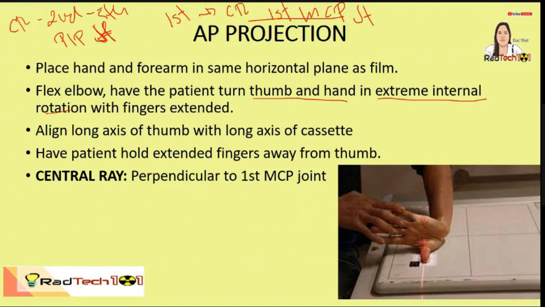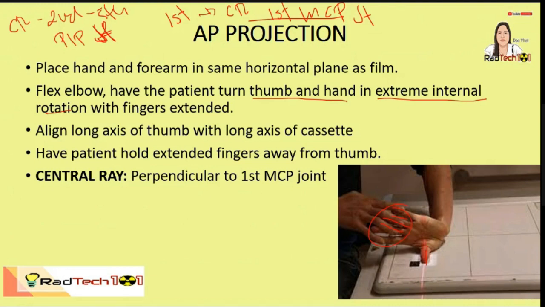So, as you can see, ito siya. So, have the patient turn thumb, naka-extreme hanggang sa makaya ng patient. Extreme internal rotation with fingers extended. Ito, naka-extend siya. So, long axis of the thumb to the long axis of the cassette. So, tell the patient to hold the other fingers para hindi siya mag-superimpose sa thumb.